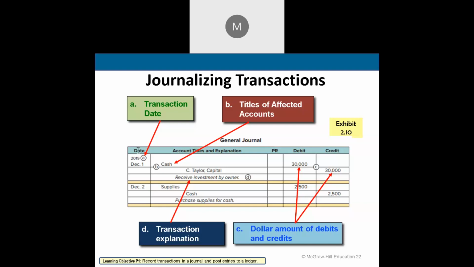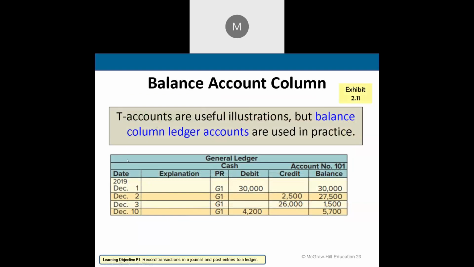Now, yes, supplies and cash are both asset accounts. But remember, the accounting equation is still in balance. Assets went up by $2,500 and down by $2,500. But the accounts help us to understand these transactions from a visual perspective.